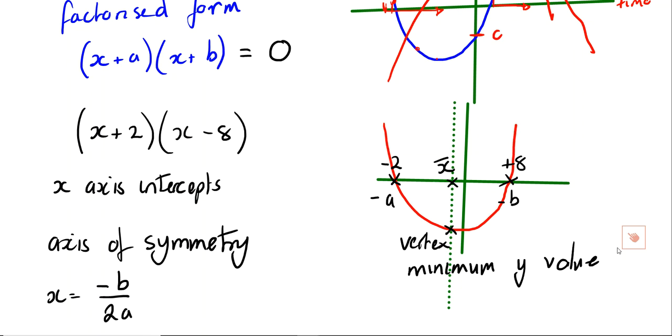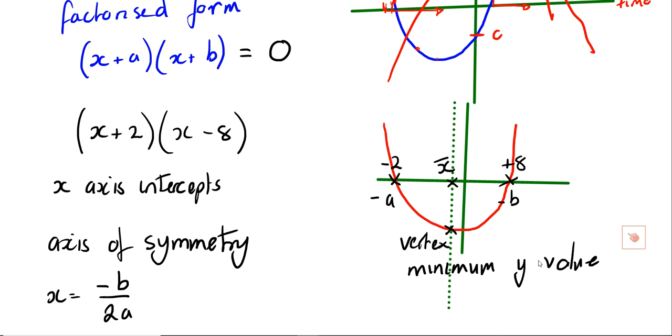What is the y coordinate of the vertex? We did this ages ago. The minimum y value. That means that is the smallest possible y value.